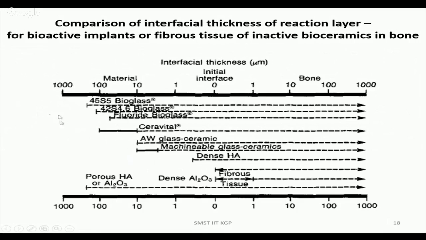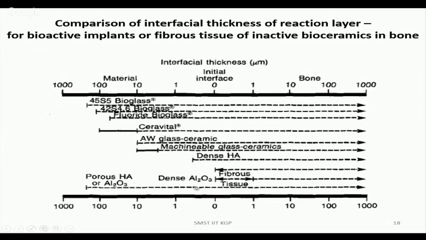So you can see here the comparison of interfacial thickness of the reaction layer for bioactive implants or fibrous tissue of inactive bioceramic in bone. So what we can see here is the bioglass has an interfacial thickness, okay, this much, and it depends on the bioactivity of the material.